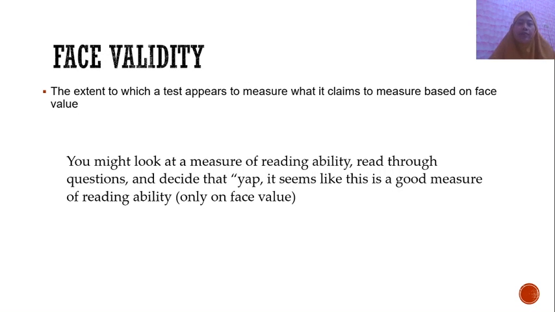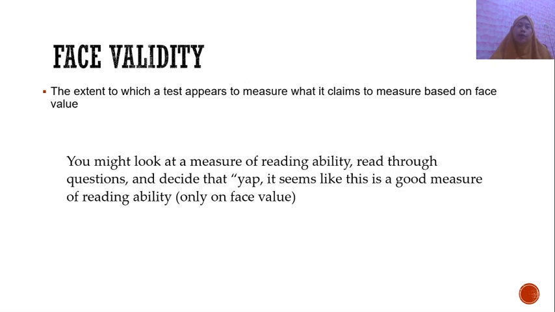Having internal and external validity, we also have face validity. Although it doesn't have a specific formula, face validity is really essential to our instrument. It is the extent to which a test appears to measure what it claims to measure based on face value.